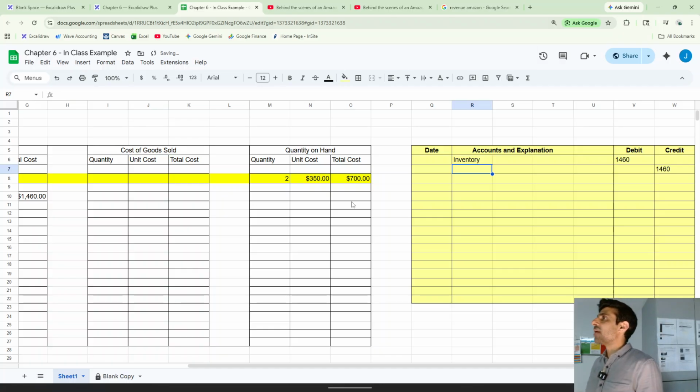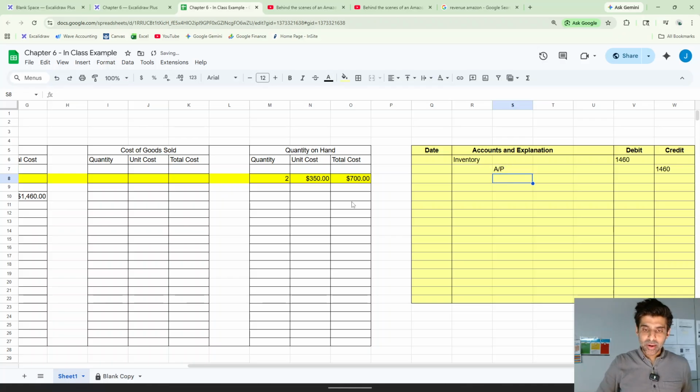The costing method is not factoring in here. The costing method only has to do with calculating cost of goods sold. The purchase transaction is straightforward. We just see how many units we bought, what the unit cost is, and that's what we're adding to inventory. And we can just do accounts payable, however we paid for it.